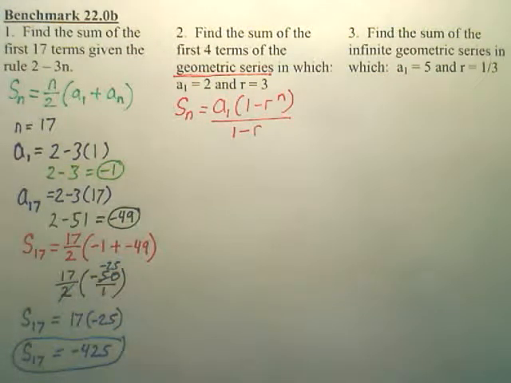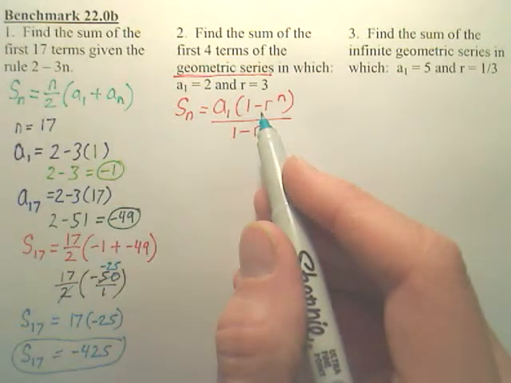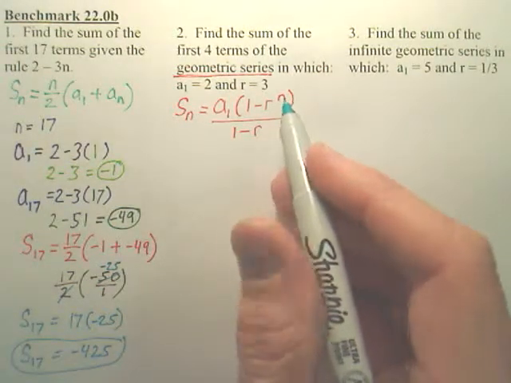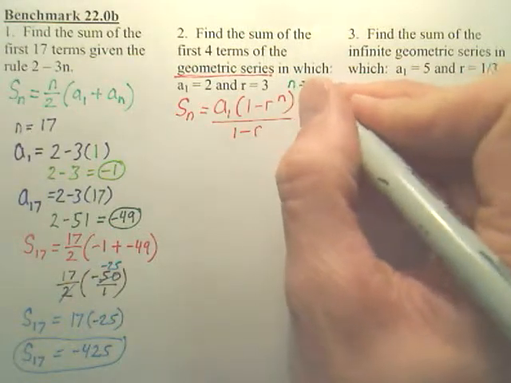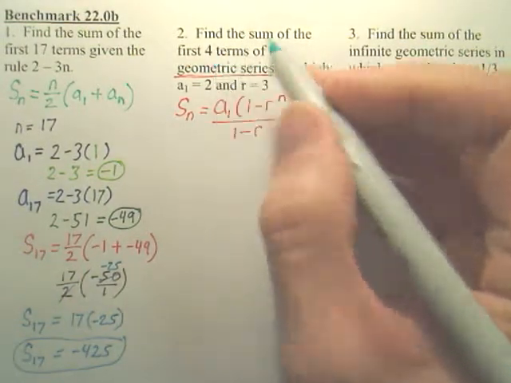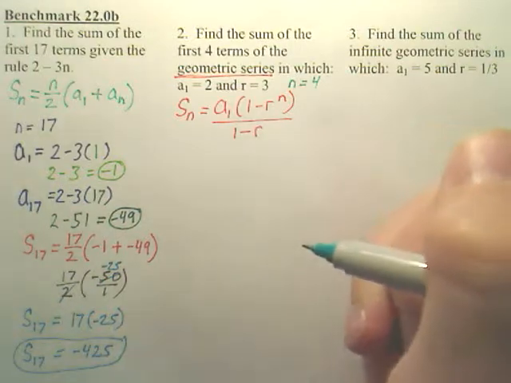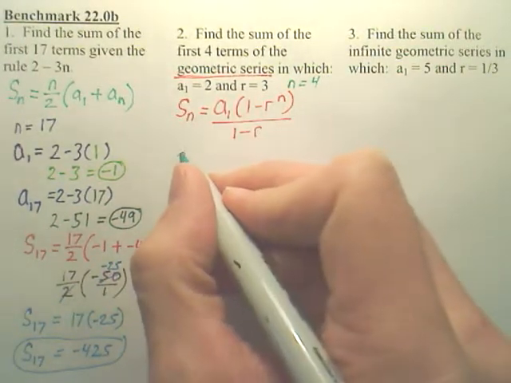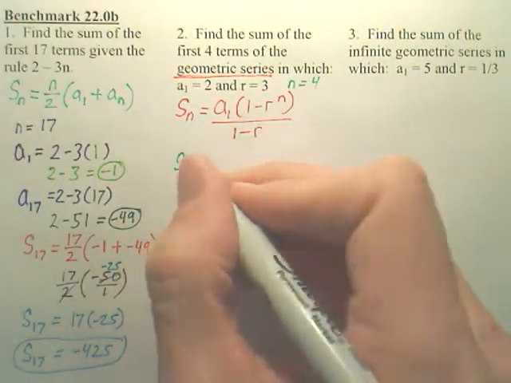So which term are we actually basically missing? We got everything but one term. We have a1, we have r. What do we need? Do we need n? So what's n? Well, didn't we say fourth term? So it's 4.